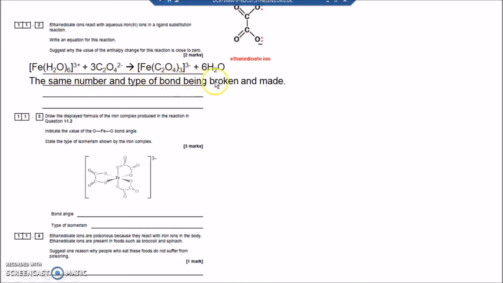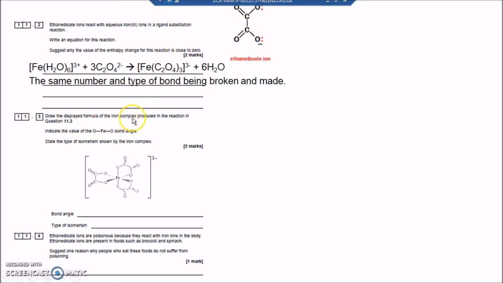So the same number and type of bond being broken as the waters are released, and then the same type of bonds being made and in the same number, with a coordination number of 6 as 3 bidentate ligands bond.